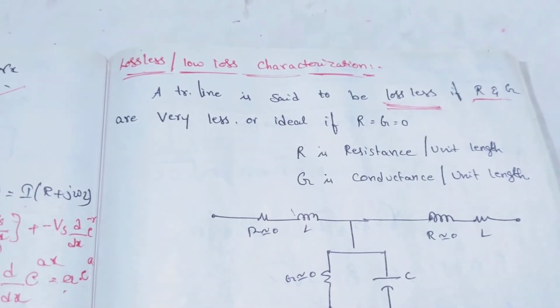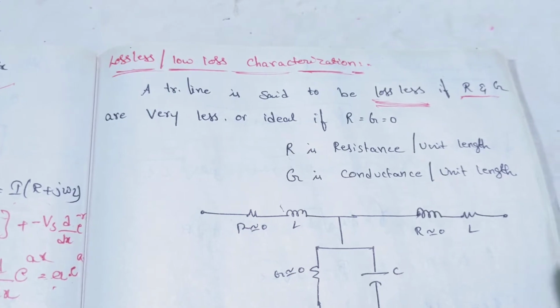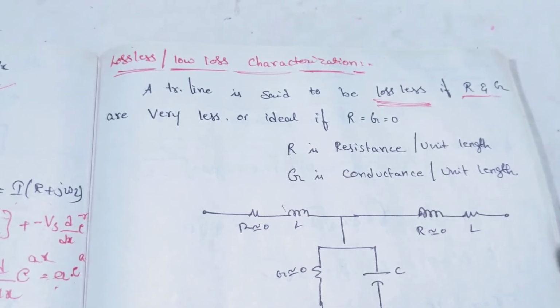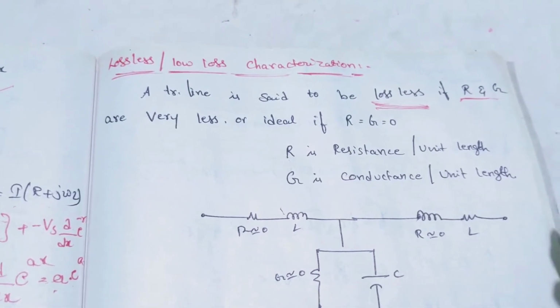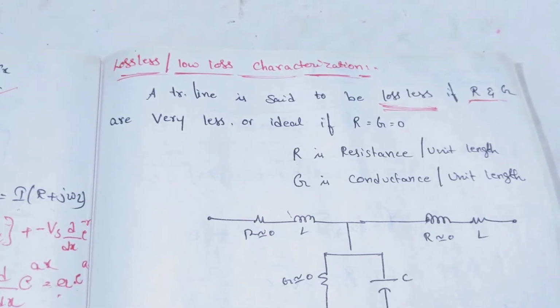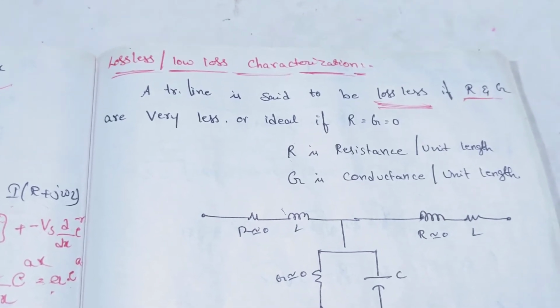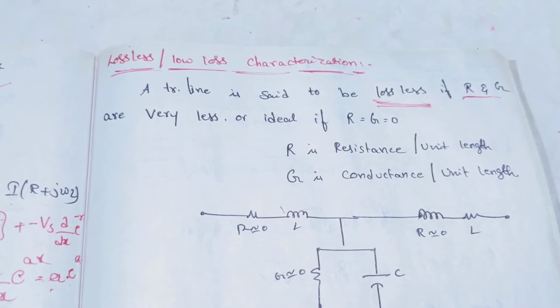So basically, in your transmission line system, we have four parameters: R, L, C, and G. Each component corresponds to its specific working.